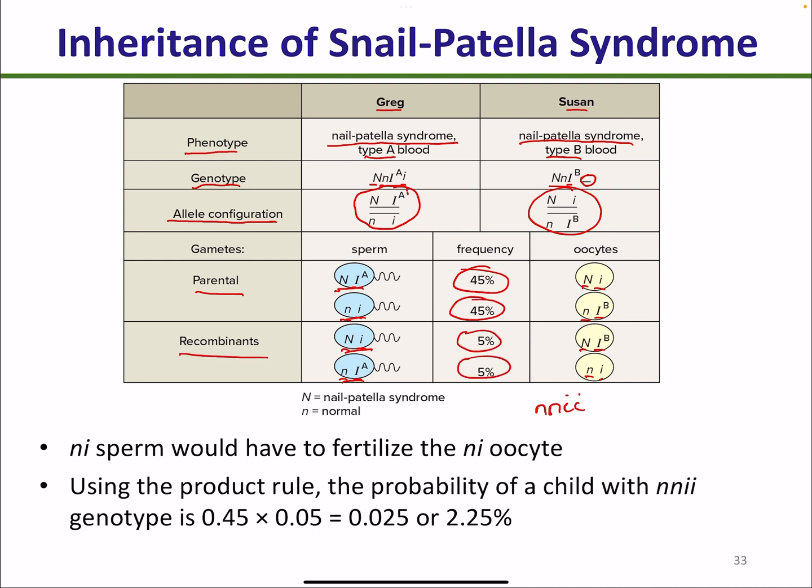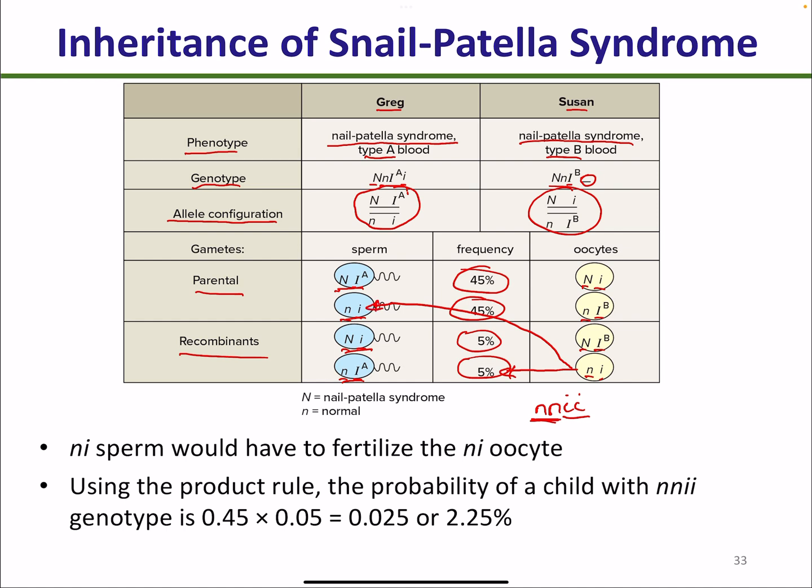So question, what is the chance that a child is going to be lowercase n, lowercase n, and also lowercase i? We see that right here, this gamete has to fertilize this gamete right here. That's what needs to happen.